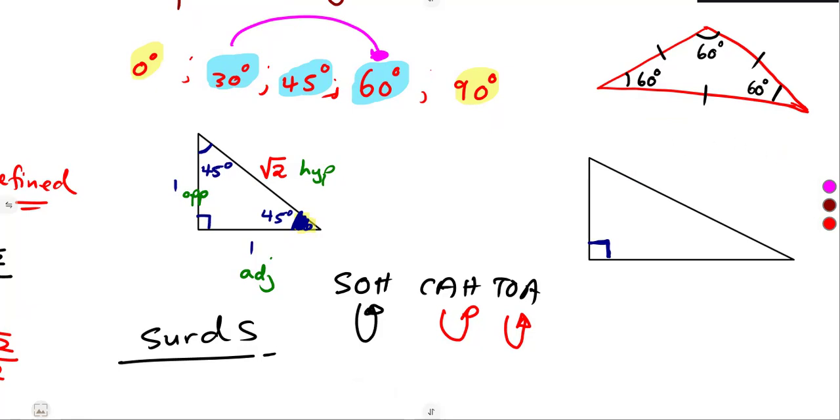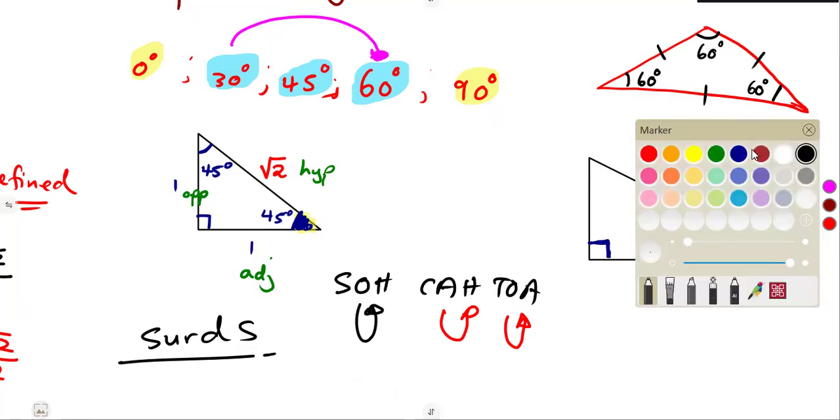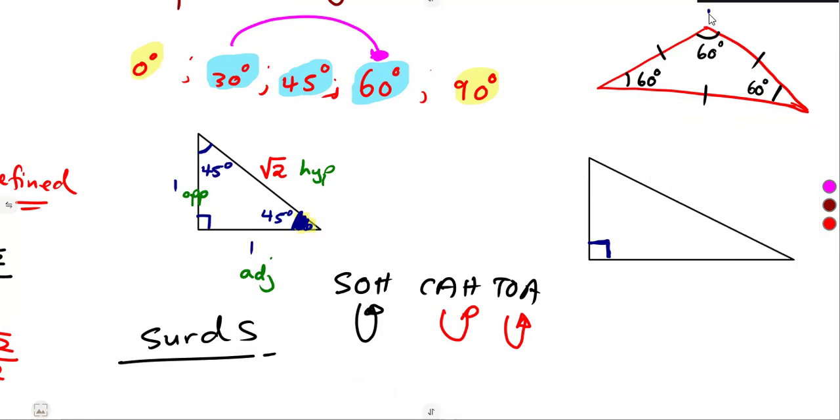So if we are to divide this one into two, let's say we've got the line of symmetry here, cutting this into two, a line of symmetry like this. It divides our shape into two equal parts. What does it mean? It means this triangle on the left-hand side will be exactly the same as this triangle on the right-hand side.